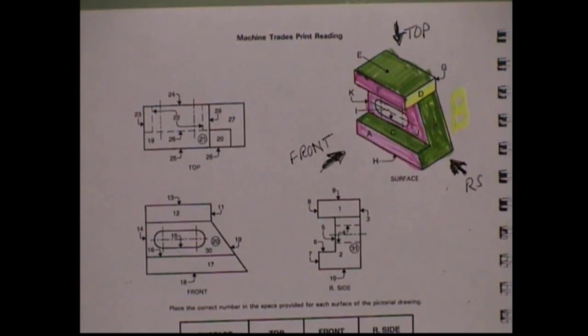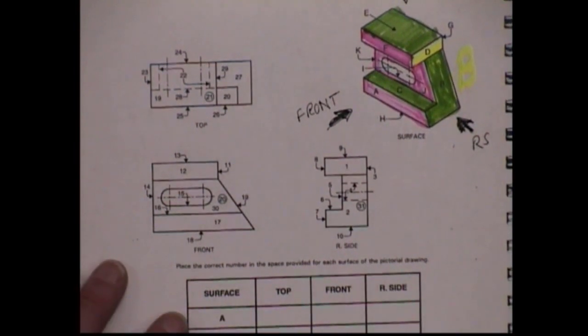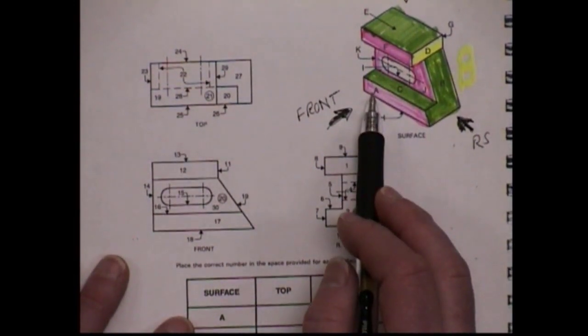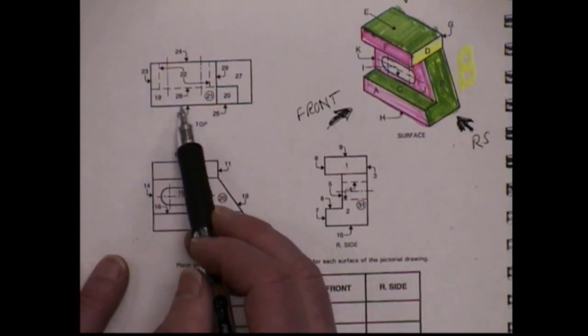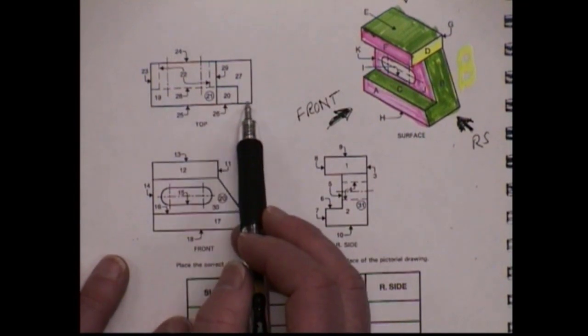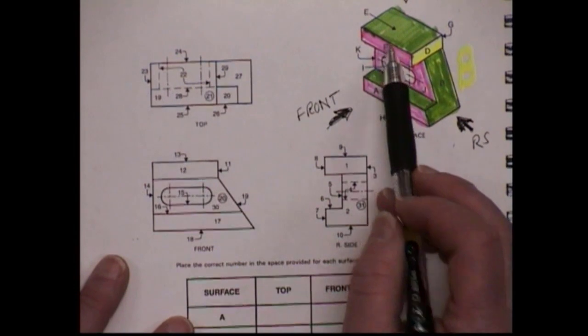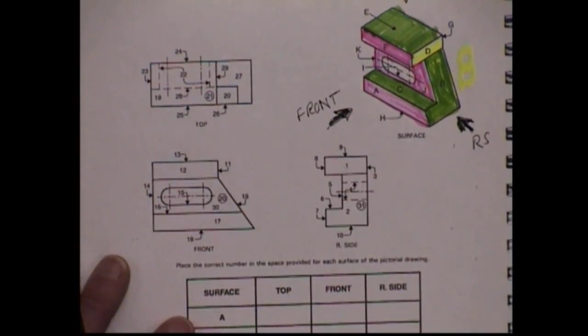All right, so if we start answering the questions here, A in the top view is seen where? If this is surface A, we're going to see it as a line, correct? In the top view. So we're going to see it here. Now we have, look, we have F too. Do F and A share the same line in the top view? Just think about that.